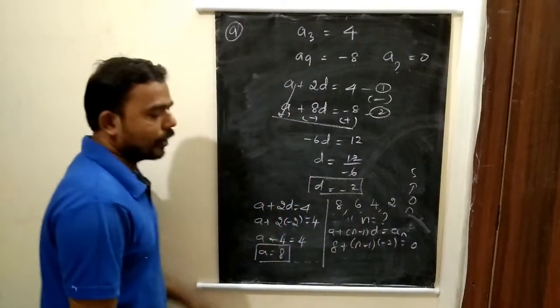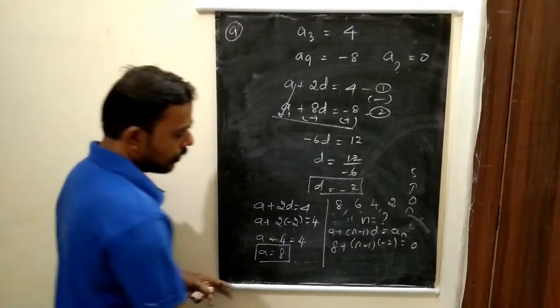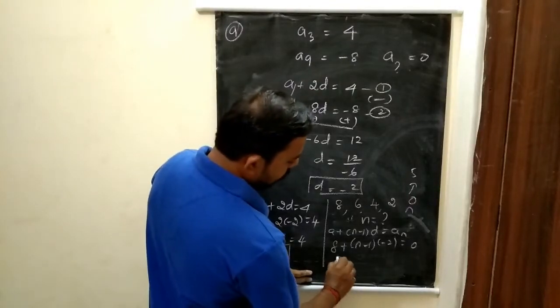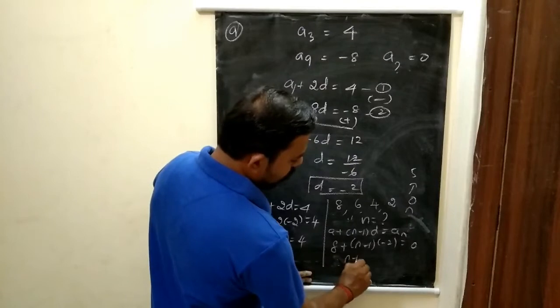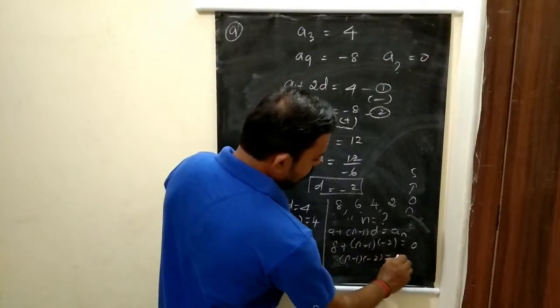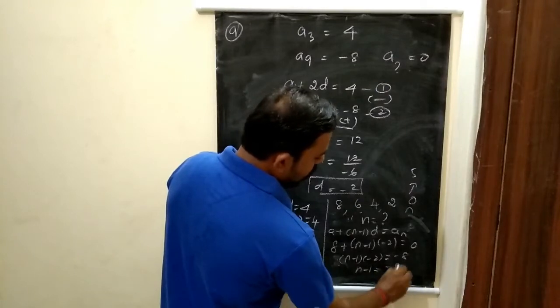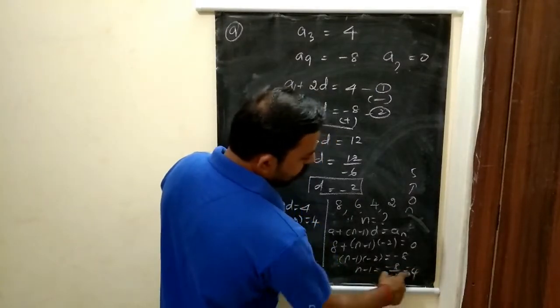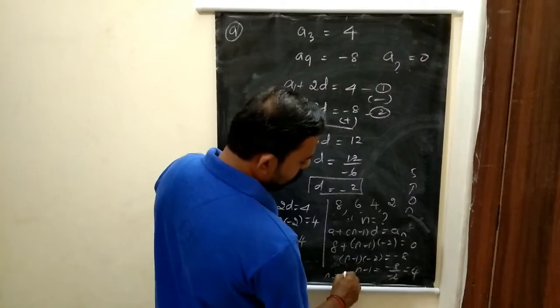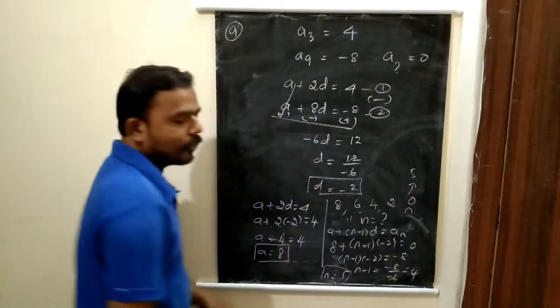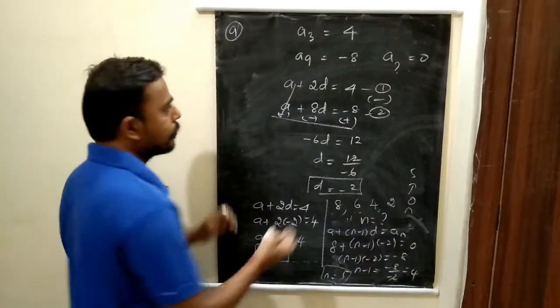Using this also you can find your n value. So 8 plus n minus 1 into minus 2 equal to 0, so n minus 1 into minus 2 equal to minus 8. So n minus 1 equal to minus 8 by minus 2, that is 4. So n minus 1 equal to 4 means n equal to 4 plus 1, 5. So like that also you can find.